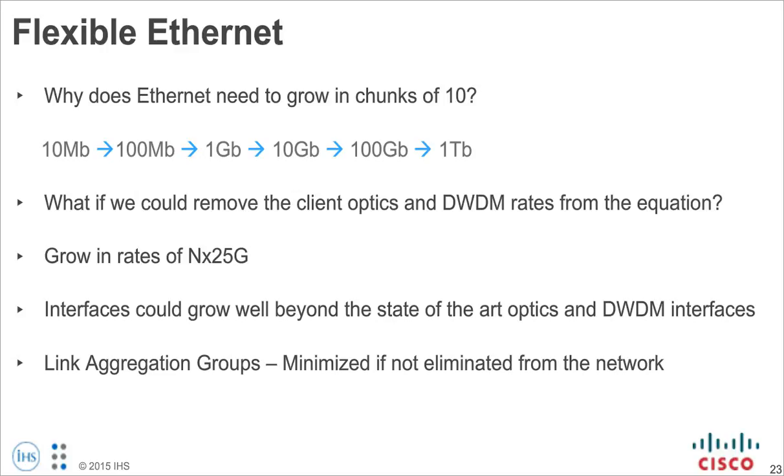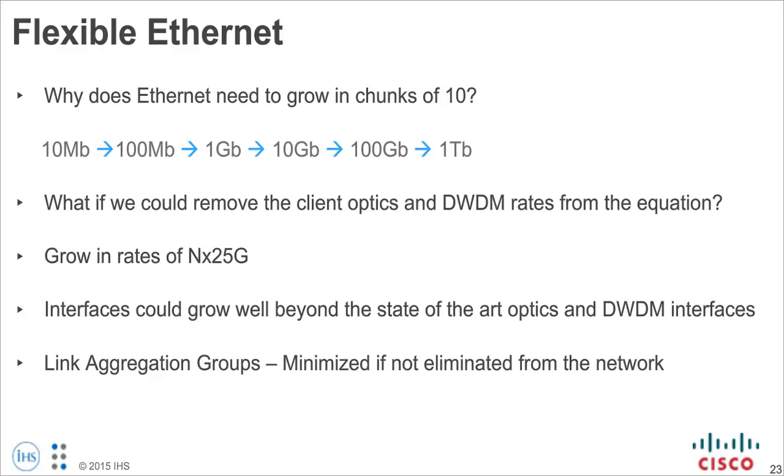It may be 10 kilometers, it may be 1,000 kilometers, but maximize how much capacity you get per wavelength, and then apply however many wavelengths are required to support the Ethernet interface that's required between the two routers. And by doing that, we solve some interesting problems in the network.